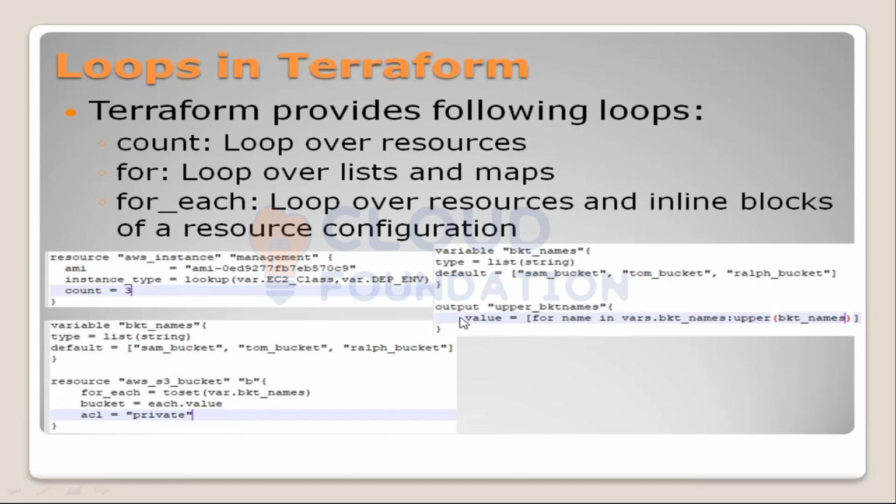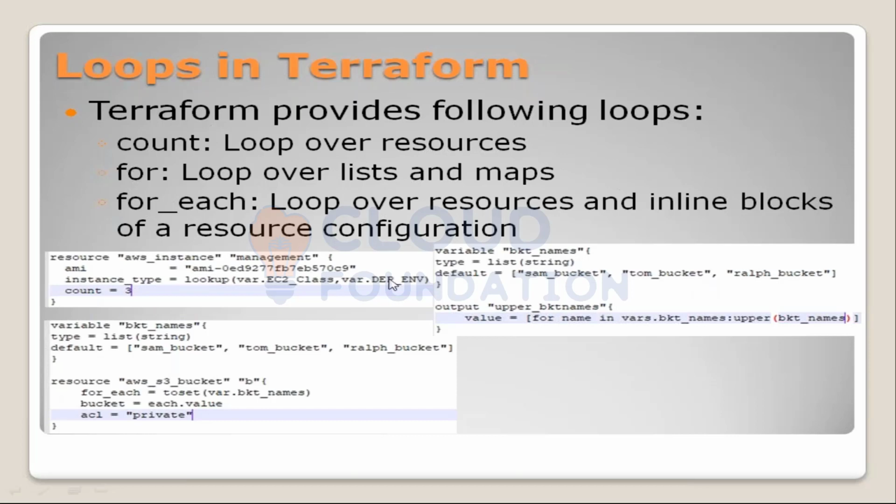Then it creates an output block which uses the for expression, for name in this variable, to make all of those uppercase. So it will output all the uppercase values of these three, and the output would be one list again. Basically it loops through a list or a map. You use the for loop where you have to loop through something.